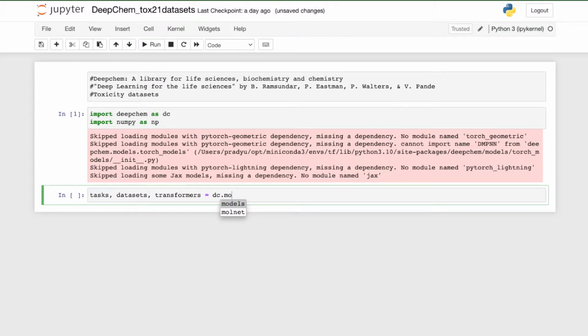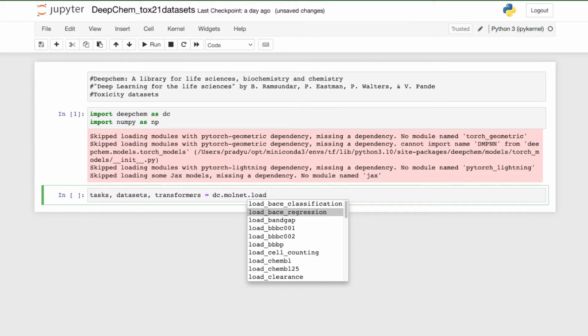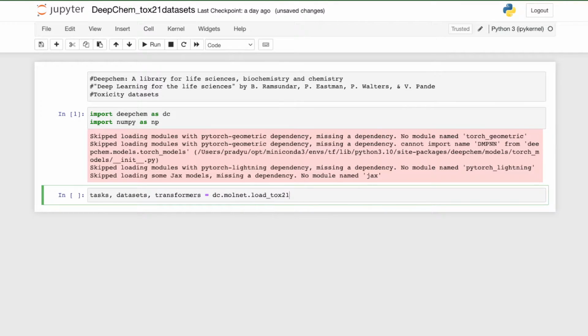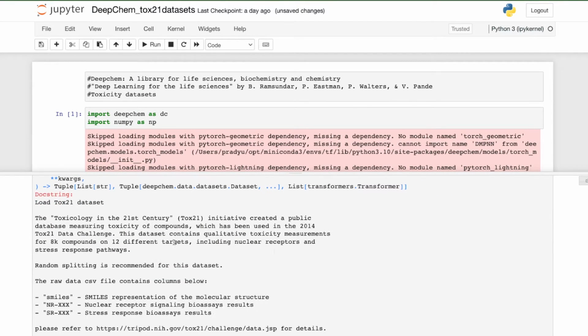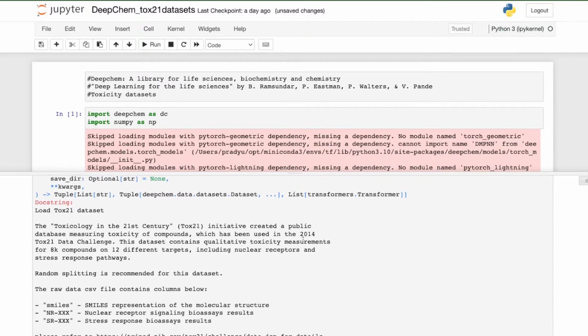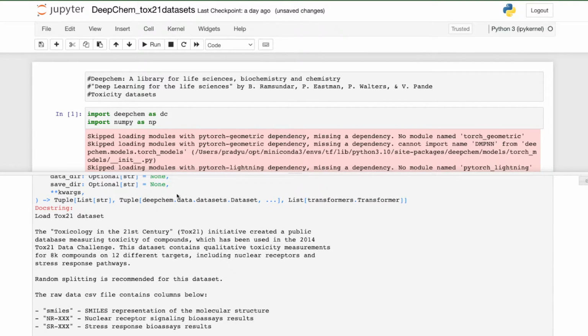One of these is MolNet, which has a huge number of datasets that you can import directly from the DeepChem package. Today we're going to be using the Tox21 datasets. This will get your datasets from the Toxicology in the 21st Century initiative. This is where it's getting the datasets from.